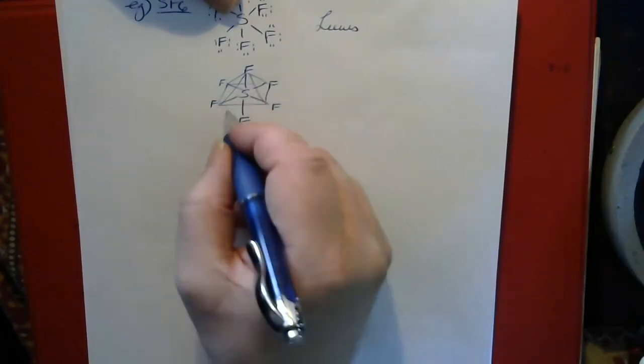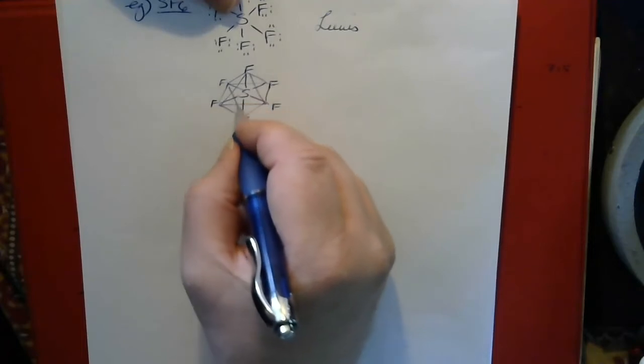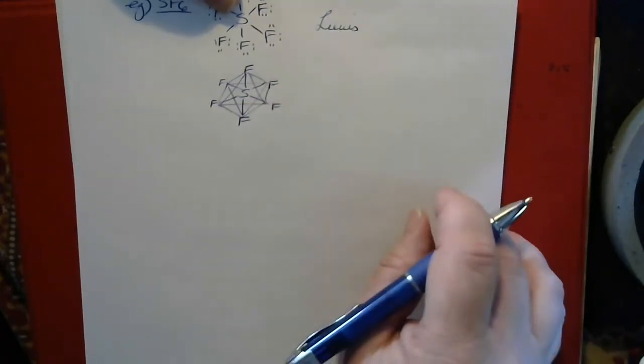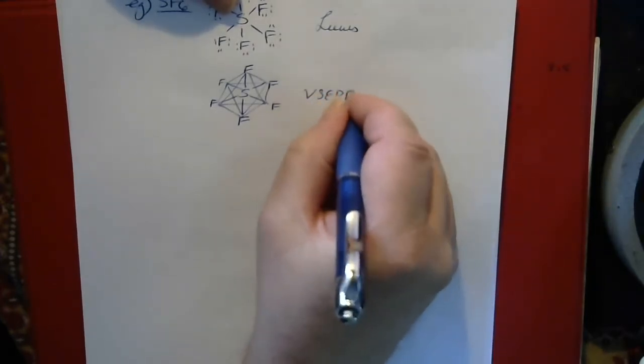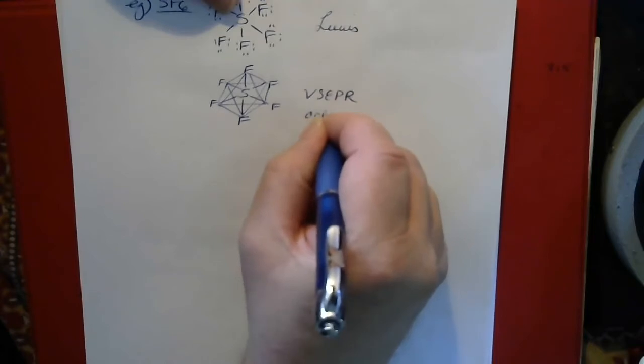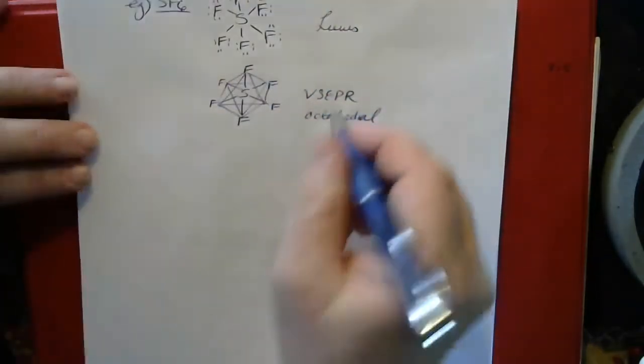And so there's one four-sided pyramid pointing upward, and then the one pointing downward. That's when it gets really complicated. But there you go, there's your octahedral. Actually, that came out better than I thought it would. And that is octahedral.